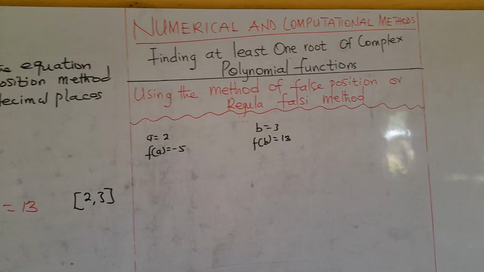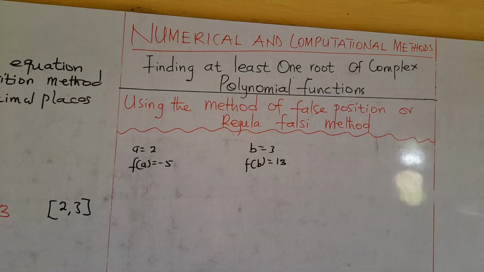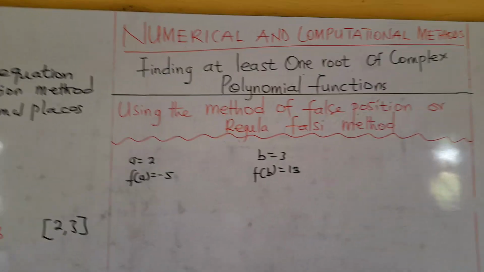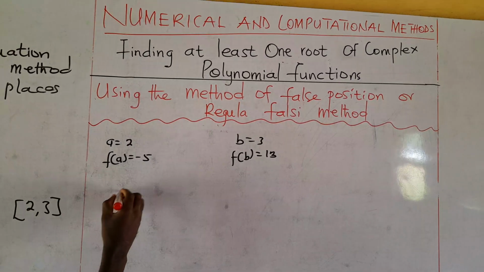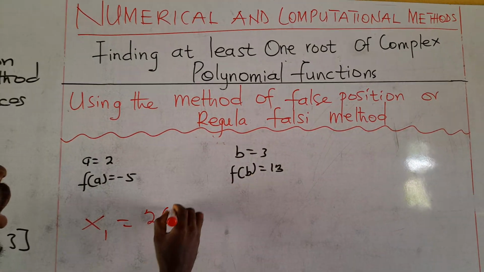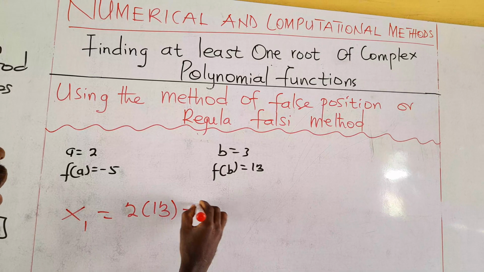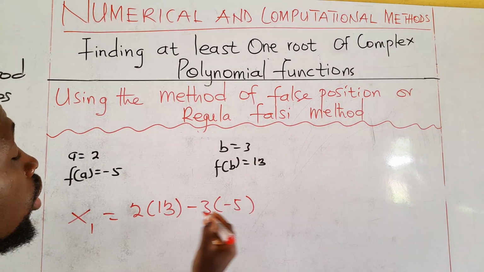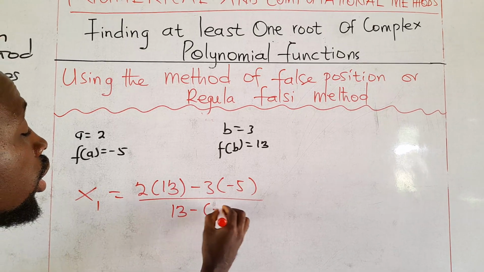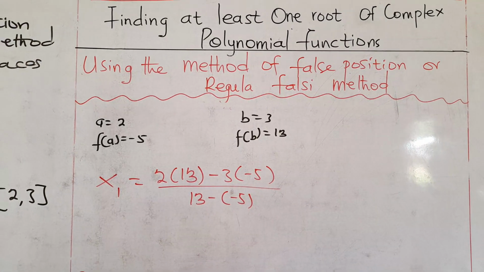So in substituting, we'll get our x1 to be equal to 2 times our 30 minus 3 times negative 5 all over 30 minus negative 5. I hope you get that.